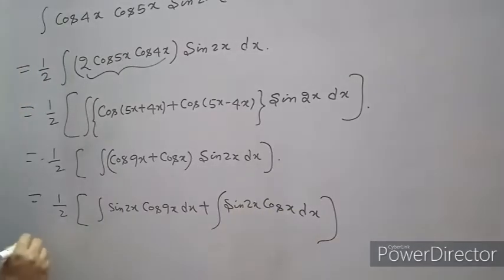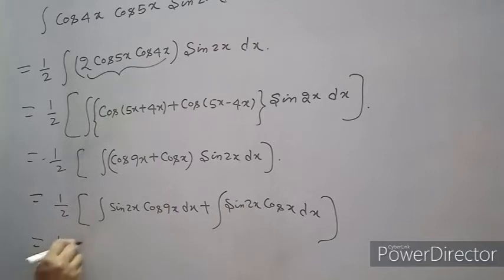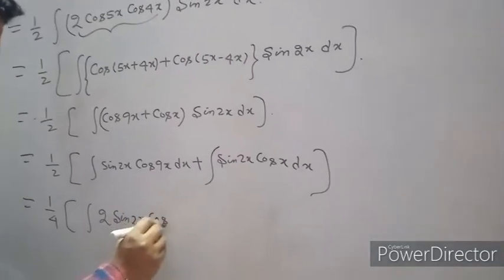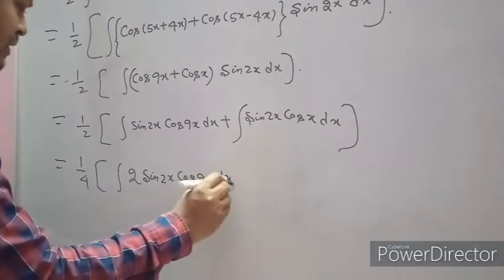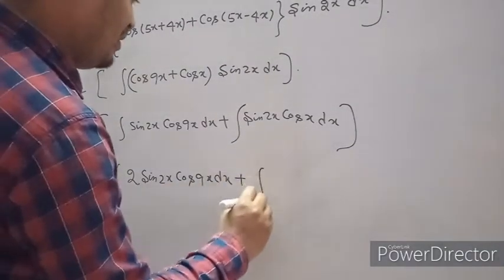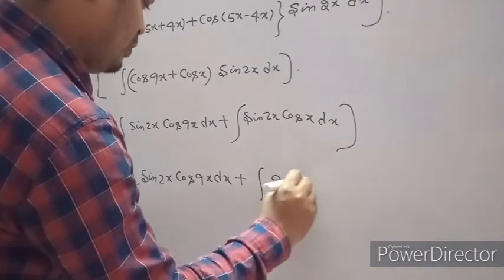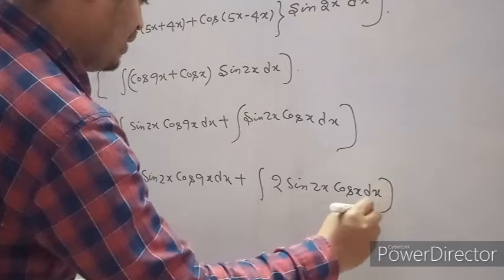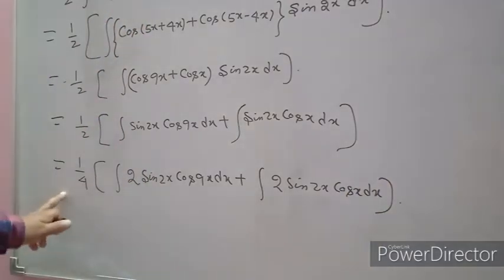So now this can be written as 1 by 4 integration 2 sin a cos b plus integration 2 sin 2x cos x dx. So what you would get? 1 by 4.